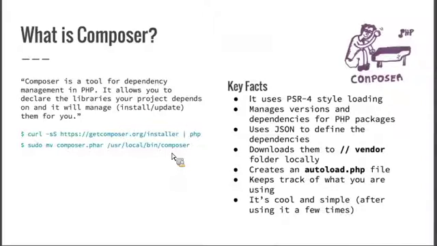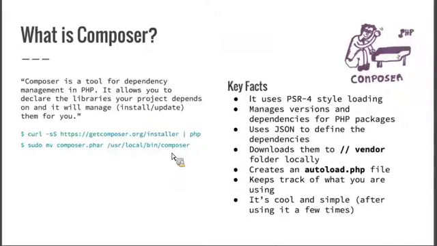And inside, if you look at the autoload PHP file, you will see again a lot of requires, includes, and require_once, but you can forget about that because it does the work for you. You can also keep track of what you're using.